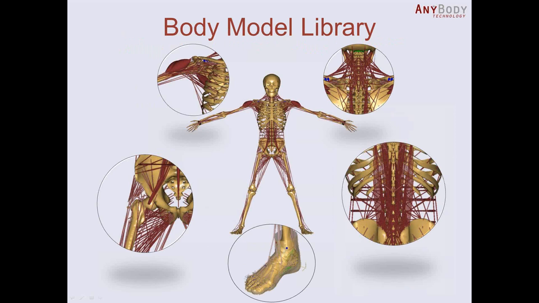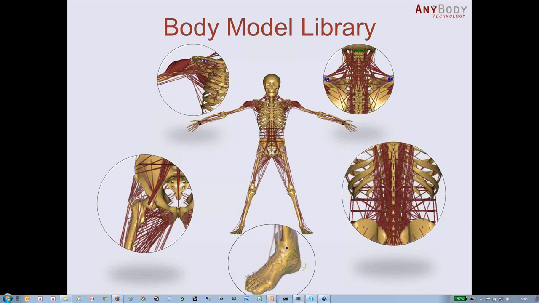Here you see a screenshot of the full body model in the middle and some details surround. The model is by far the most sophisticated model of this category. It includes all bones and all skeletal muscle branches in the body. And for some body parts where fundamental data on properties are available, it includes also ligaments.